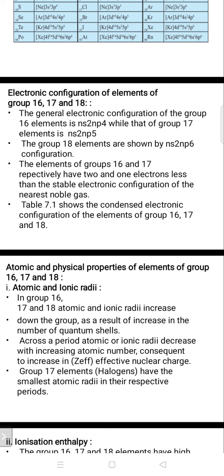If you observe, in their outermost shell one electron is gradually added, and that's why the size of the atom also increases gradually. Here, the electron count is less than the stable electronic configuration of the nearest noble gas, and this table shows the condensed electronic configuration of the elements of groups 16, 17, and 18. So you have to study this condensed configuration very well.